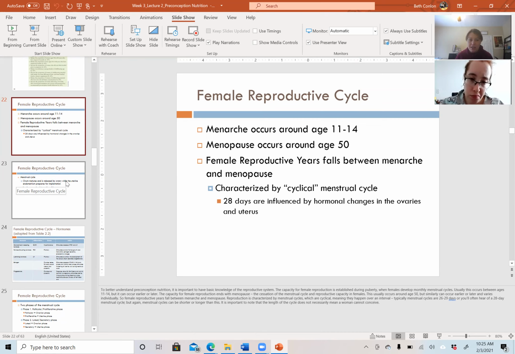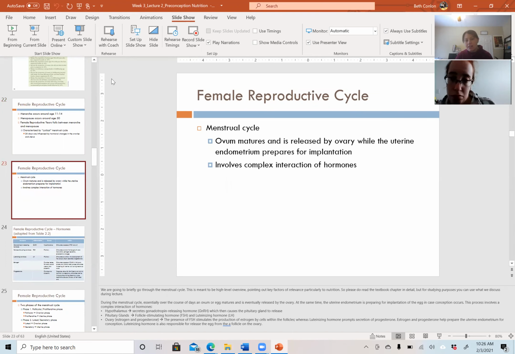If you've ever heard of the term natural family planning, it's an education that helps women learn how long their menstrual cycles are so that they can monitor the time in their month when they're more likely to conceive. So if they're actively trying to conceive, they can try then. If they don't want to conceive, then they can avoid intercourse then.